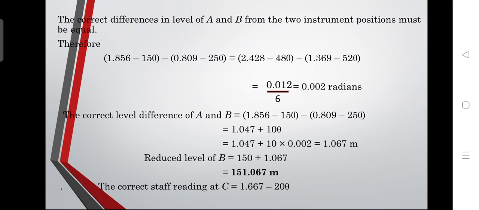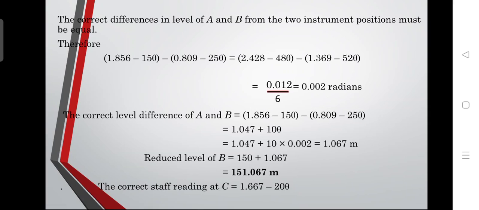The correct difference in level of A and B from the two instrument positions must be equal. Therefore, (1.856 minus 15 theta) minus (0.809 minus 25 theta) is equal to (2.428 minus 48 theta) minus (1.369 minus 52 theta).